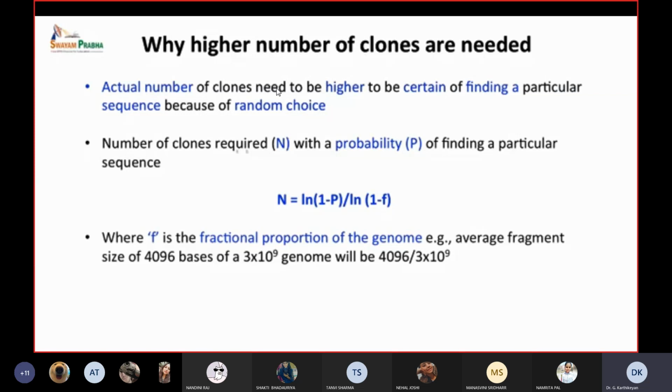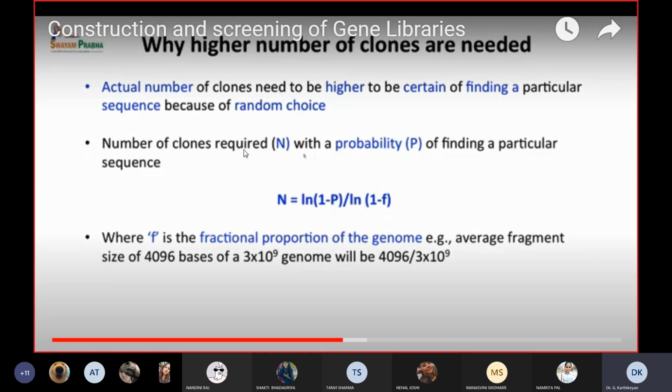So people have done this exercise in theory, something that we discussed in the beginning. We had given some mathematical number for how many clones would be needed if you were to clone the E. coli genome.